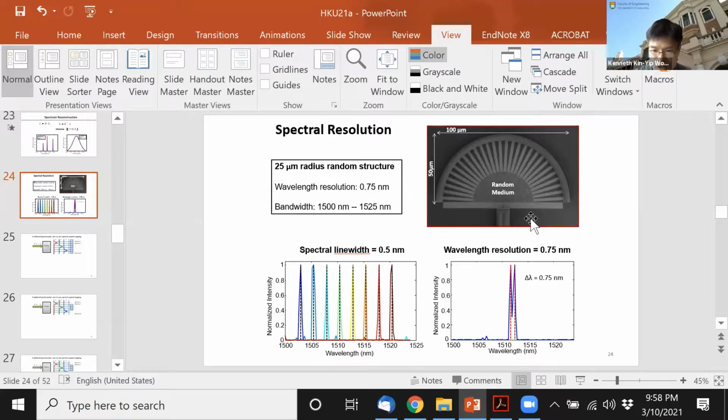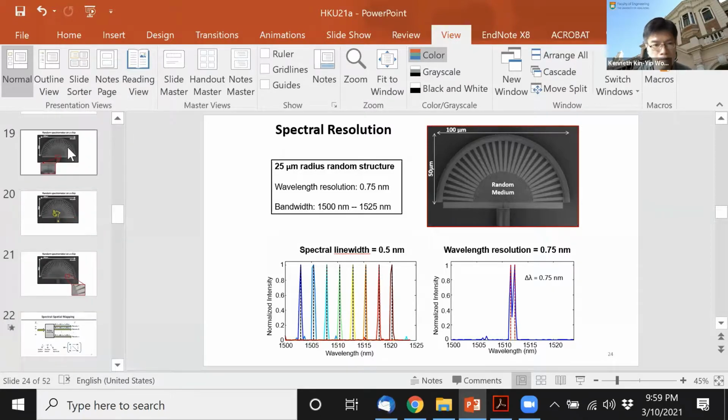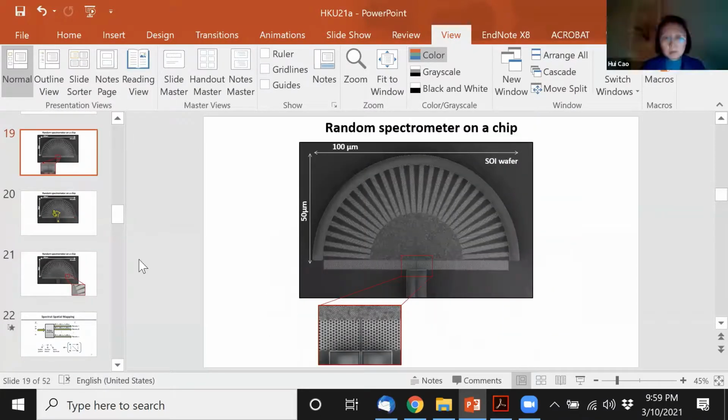So, questions from Cheng Li. That's a very great talk, thanks for your presentation. For the spectrometer on the chip, he's wondering whether the photonic crystal on the chip has the same lattice constant. That's maybe the slide with the SEM image which shows the structure on the SOI. Yeah, that is a photonic crystal structure.